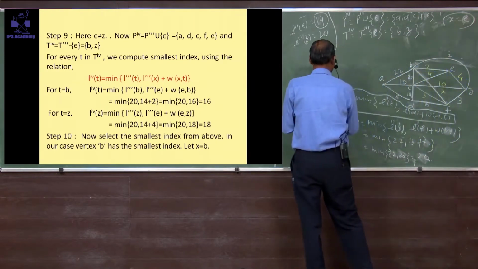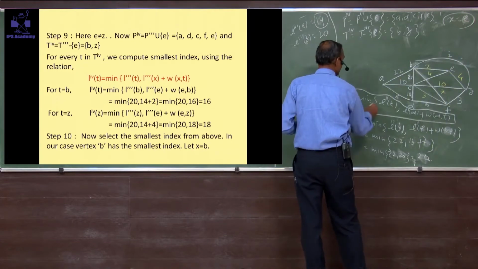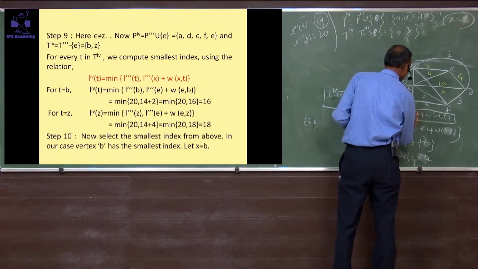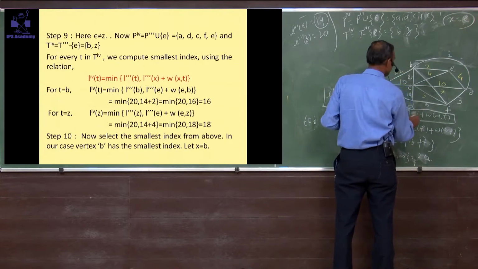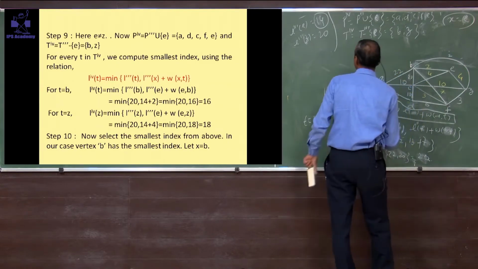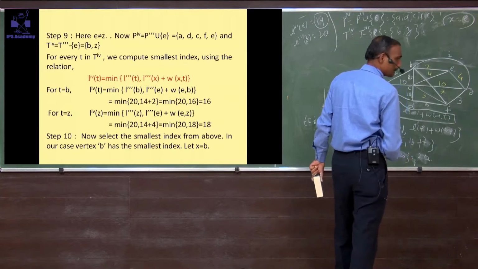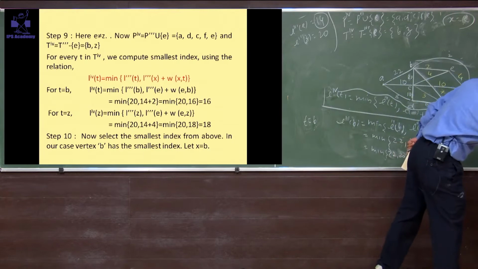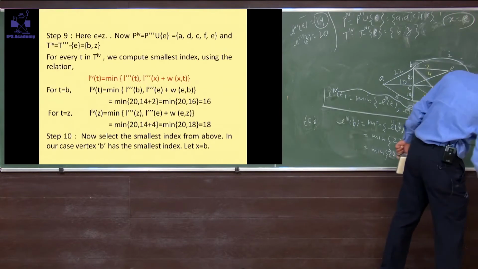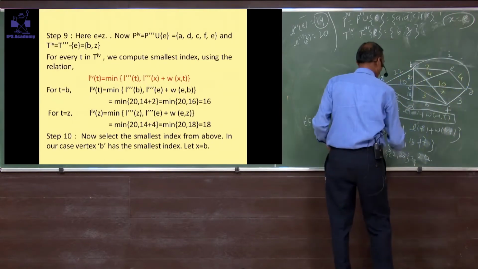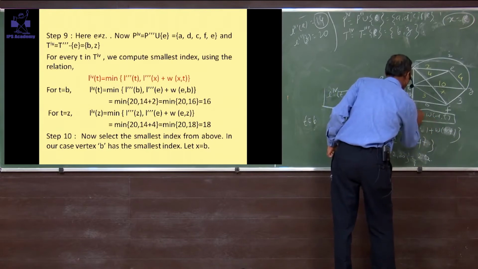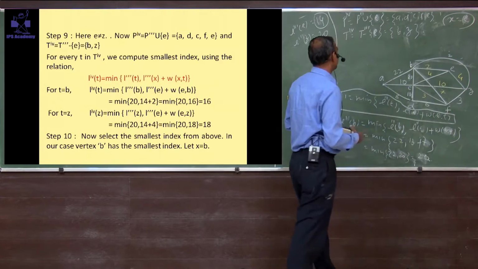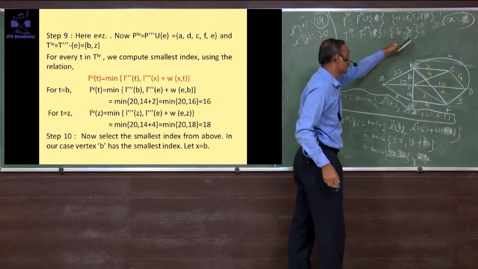Here L4 T equals minimum of L triple dash T comma L triple dash X, where X is the element we chose. In the previous slide we chose X equals E, so we put E and W of E comma T, where T belongs to T4, that is B comma Z.